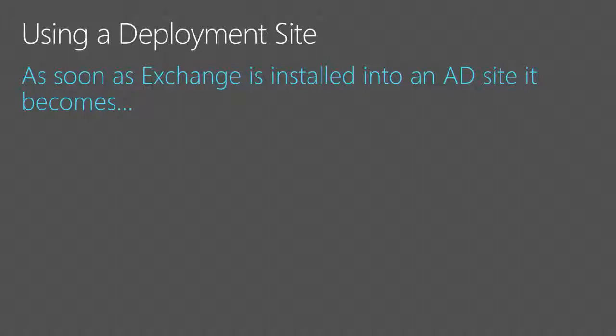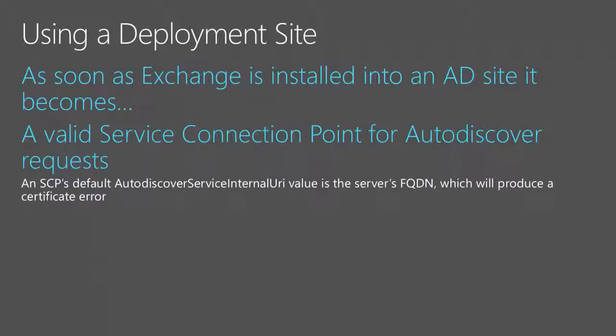So let's talk about using a deployment site. Why a deployment site? What happens as soon as a new Exchange server is installed and turned on and stood up? That's right, the clients.